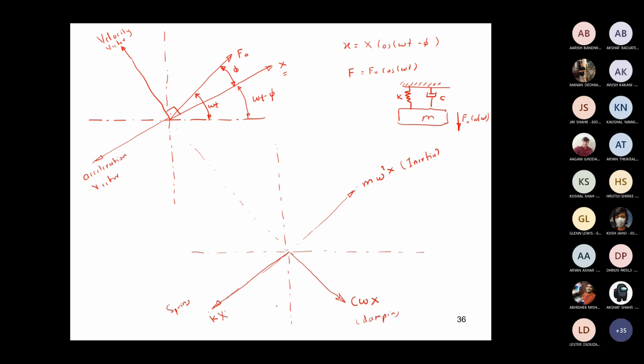Okay. Now the spring force vector and the inertia force vector are aligned to each other, but in opposite directions. So you can take a resultant of it, and let's assume that the spring force is more than the inertia force. Then the resultant will be kx minus m omega square x.